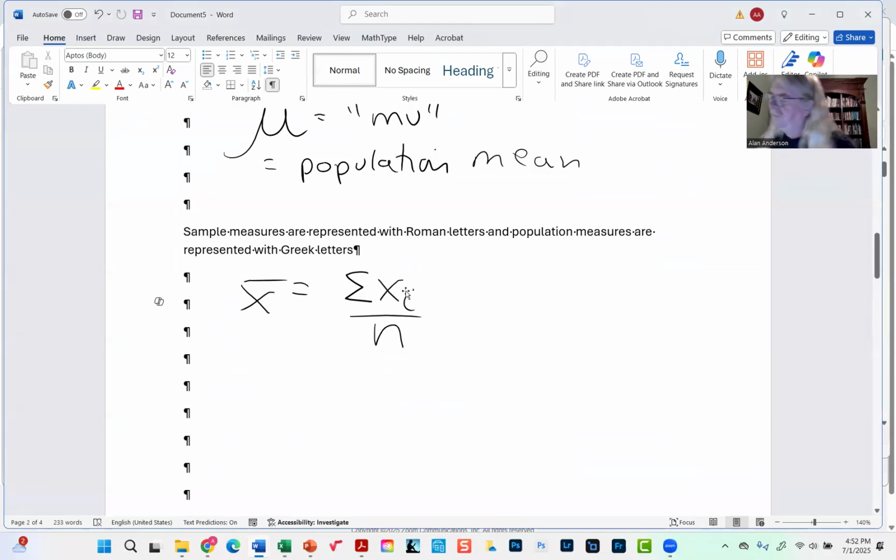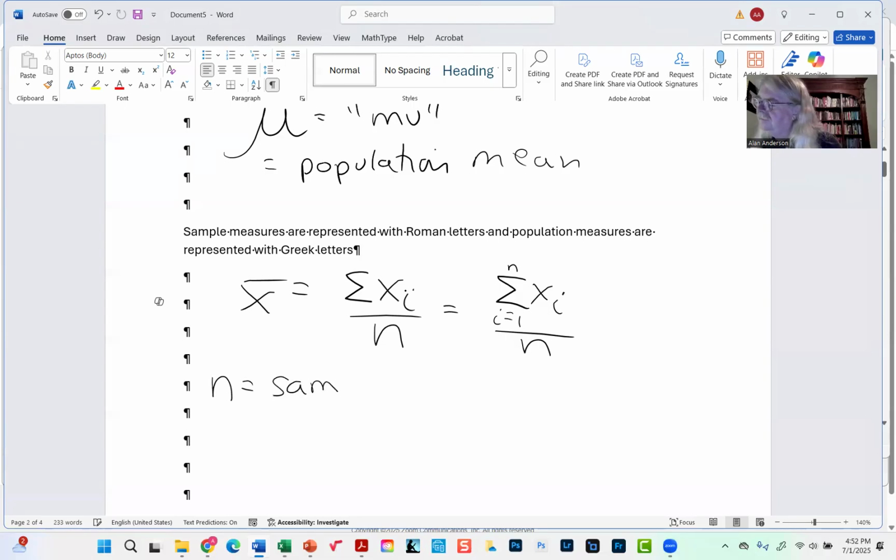By the way, sometimes you see this written like this. So what is this all about? Well, N is the sample size. Xi is going to be thought of as the ith element in the sample.